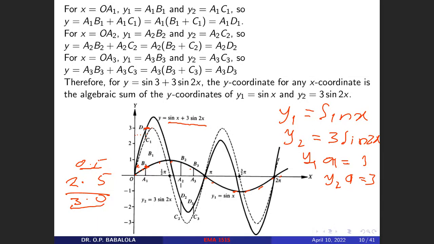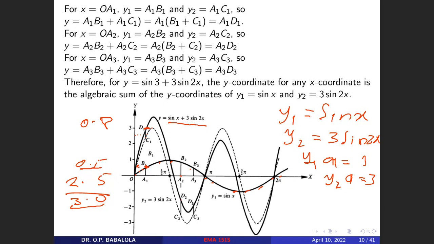Now let's look at this. At which point again can we trace? Let's look at A2. At point A2, what value do we have for B2? It's here. Let's say that is 0.8. And you trace the same point down to y2, which is here.